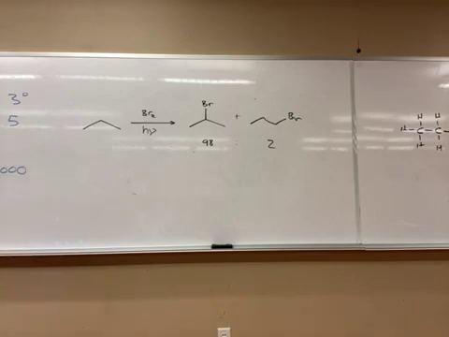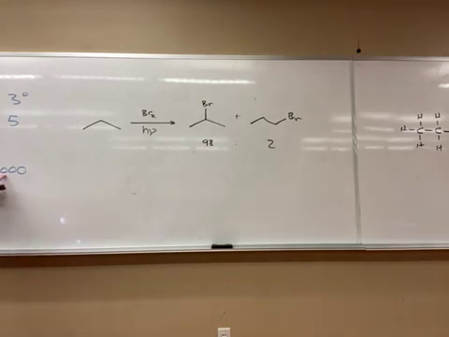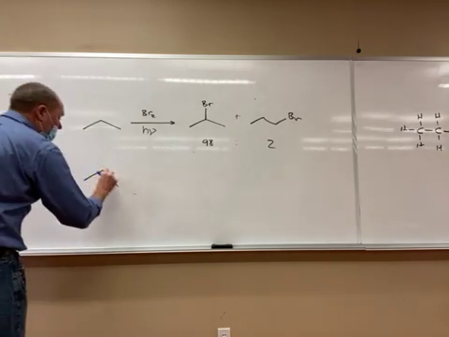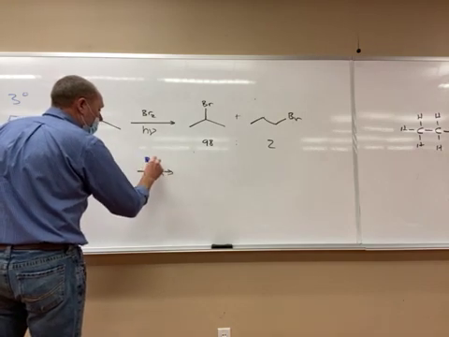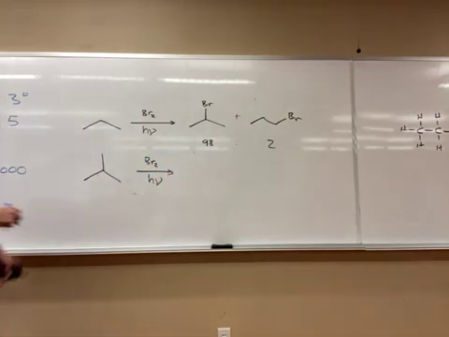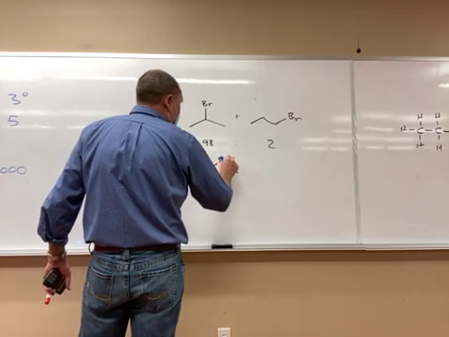But here's the real crazy cool thing about bromine. Because this is 2,000 to 1 or 100, if I brominate a tertiary alkane, I get only that.